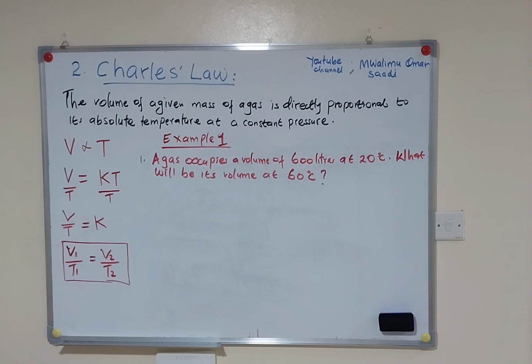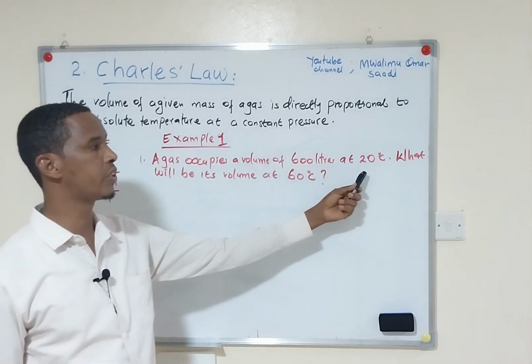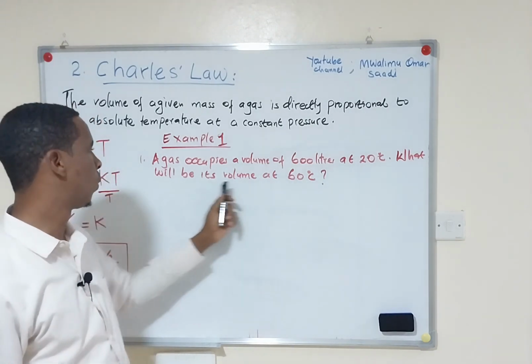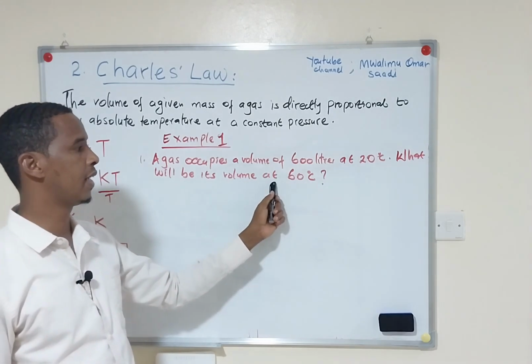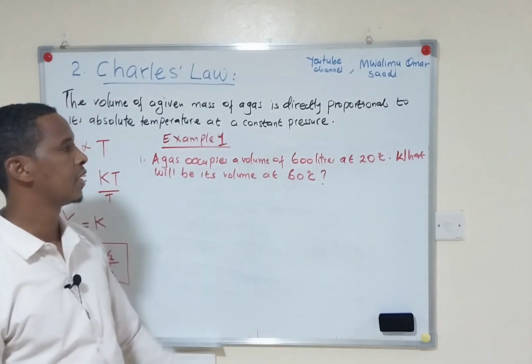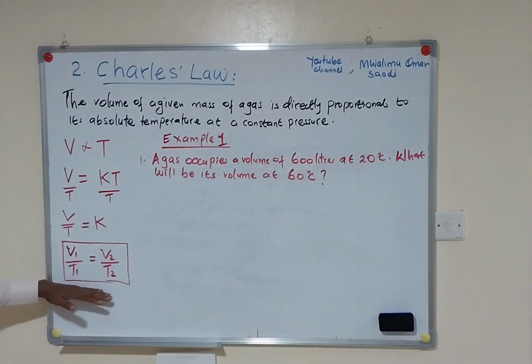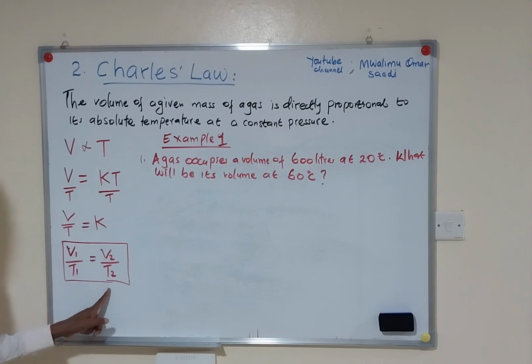A gas occupies 600 liters at 20 degrees Celsius. What will be its volume at 60 degrees Celsius? So we will use our Charles law equation, that is V1 over T1 is equal to V2 over T2.